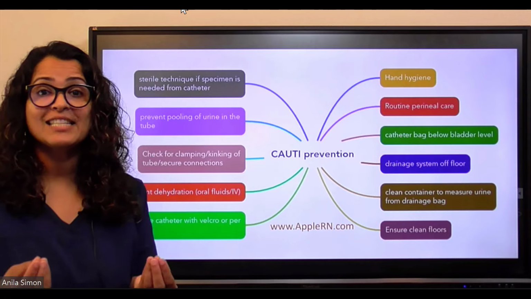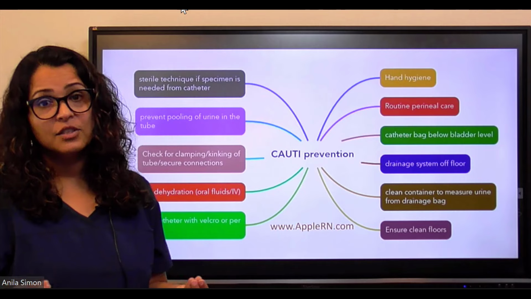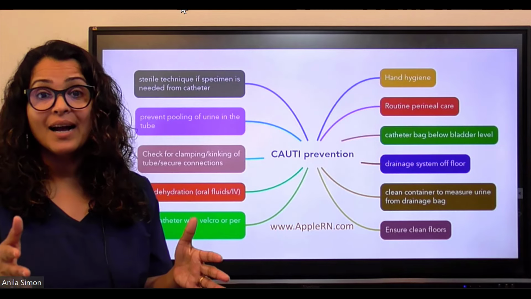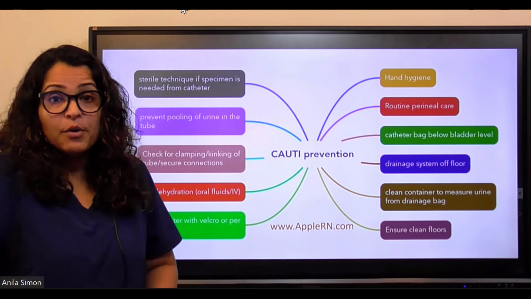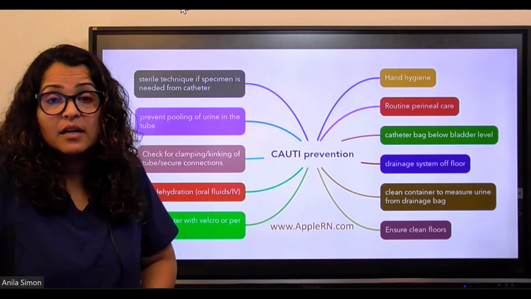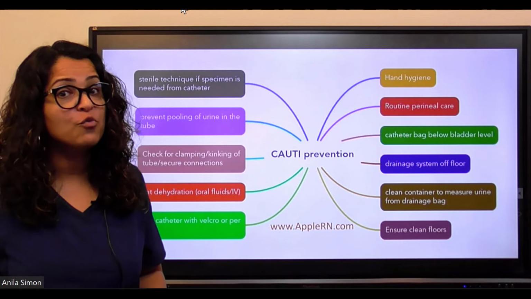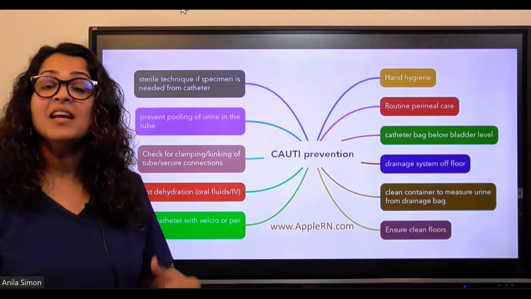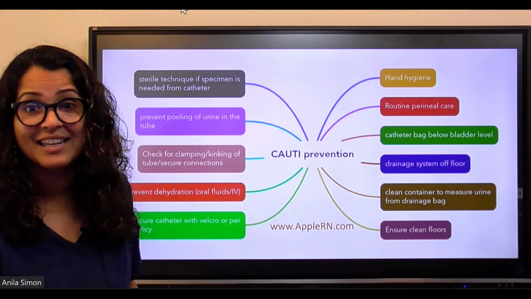Sometimes we may have to clamp the tube, maybe because we need a specimen or there is some doctor's order. That's okay, but we cannot just leave it clamped for a long time, right? Because the patient has no other way to get the urine out. So first of all, we are going to watch for urinary retention and palpate the bladder to make sure that it's not getting distended.